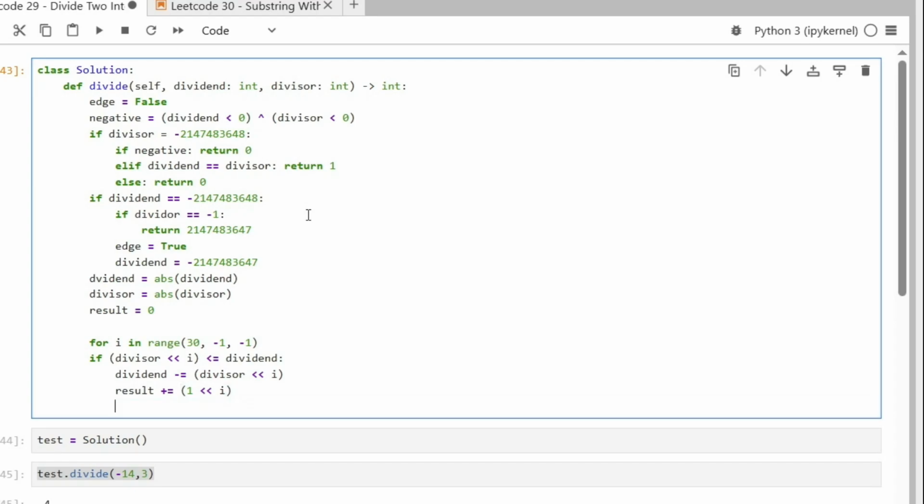And yeah, here we say result equal minus result if negative. If not, just result itself.